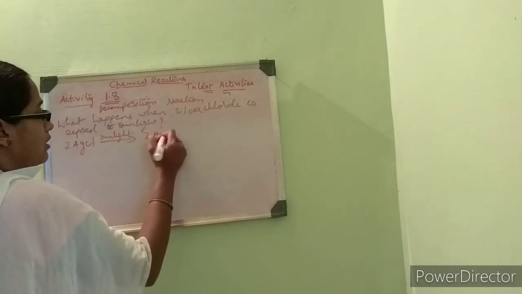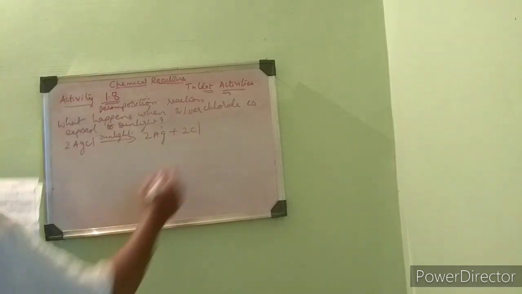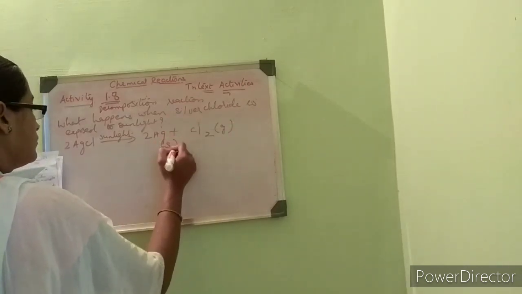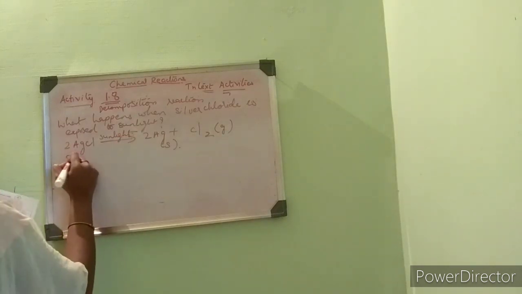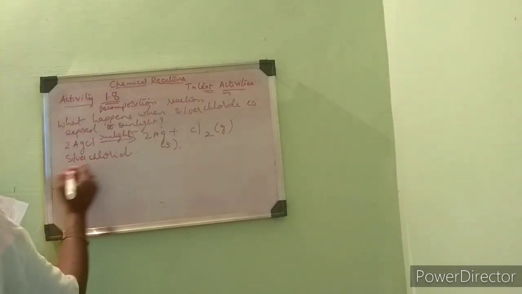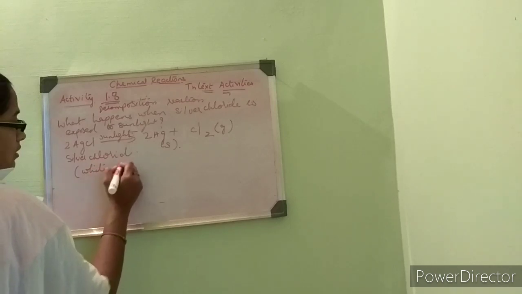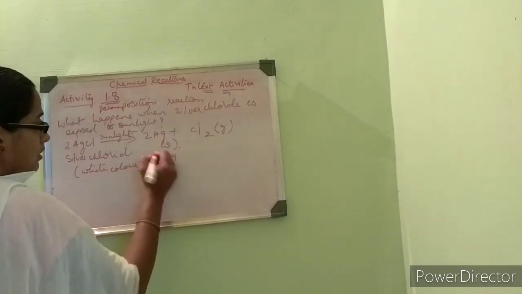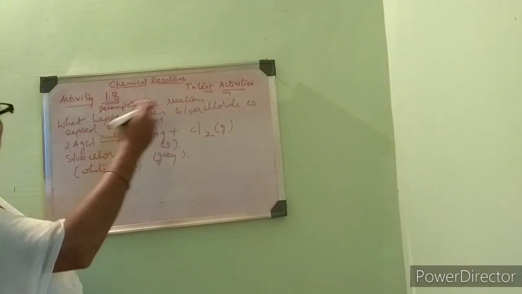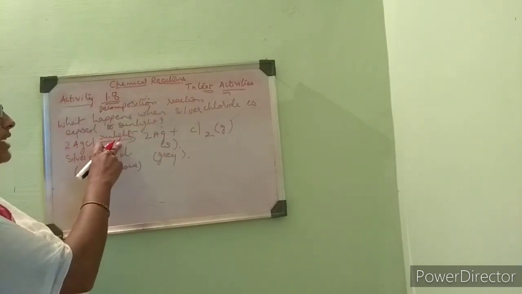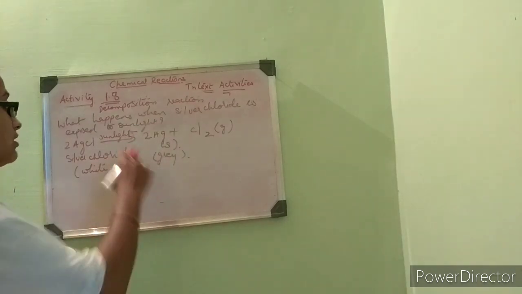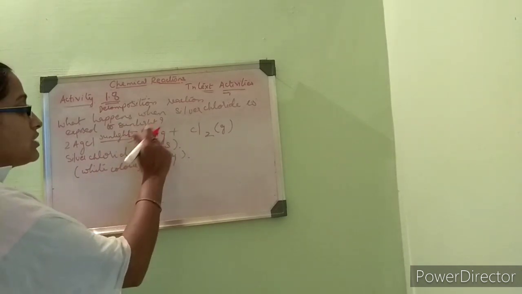So 2AgCl gives 2Ag plus Cl2. When silver chloride is left under sunlight for some time, it is a photolytic reaction wherein it decomposes to silver, Ag, and chlorine.